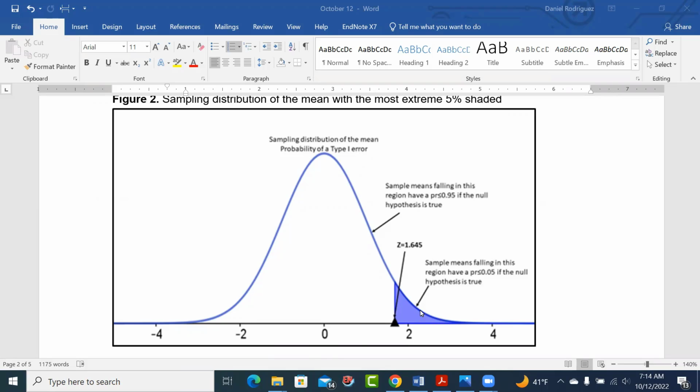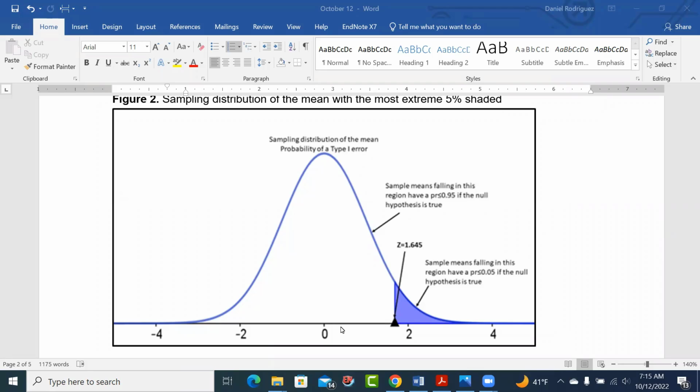So if we say our alpha is 0.05, we'll accept the 5% chance of a false positive result. So when we're making this decision, we're saying this is the acceptable level of being wrong. If I say my alpha is 0.05, that means I'm accepting a 5% chance of being wrong. Let me make that clear. I'm okay if I'm wrong 5% of the time. It means I'll be right 95% of the time. So I don't mind being wrong 5% of the time.